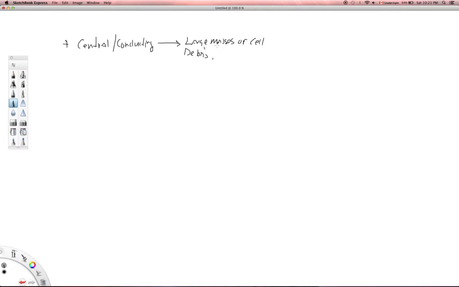All right, you're going to have mucus production, and some inflammatory components as well.